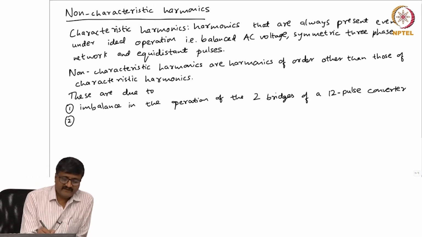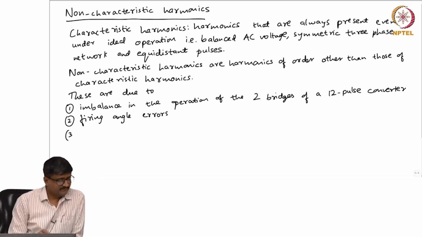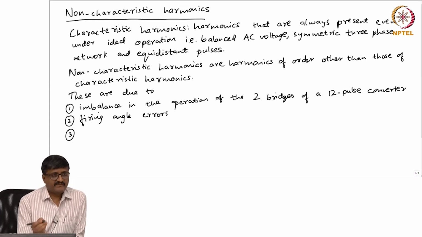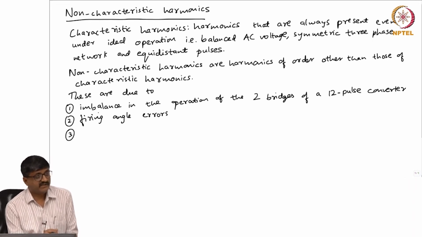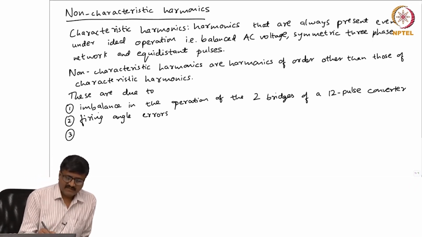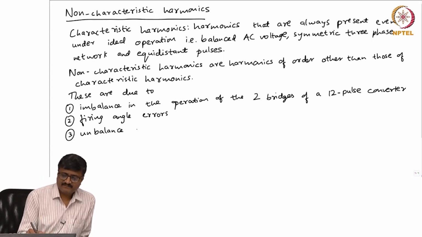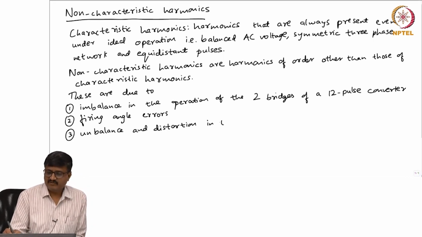Then there can be firing angle errors. Now, the AC voltage itself can be unbalanced, or there can be distortion. We assume a sinusoidal waveform, so there can be distortion. Distortion means deviation from sinusoidal. So, unbalance and distortion in the AC voltages.